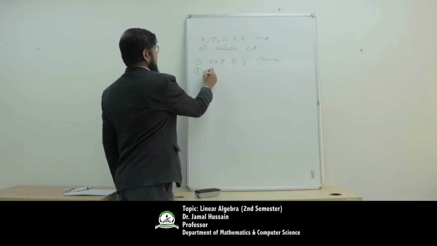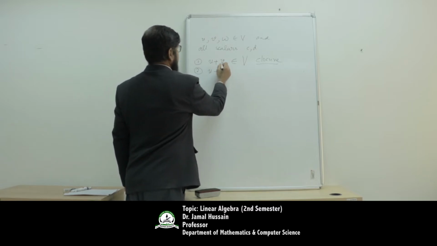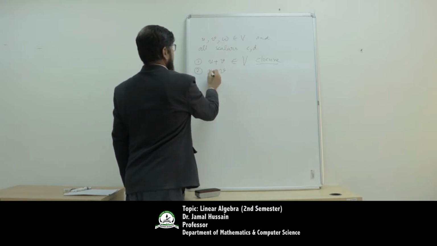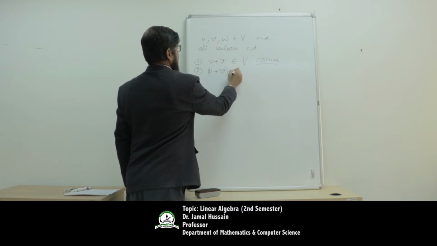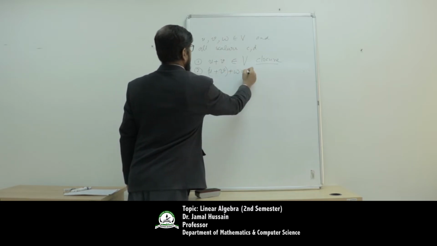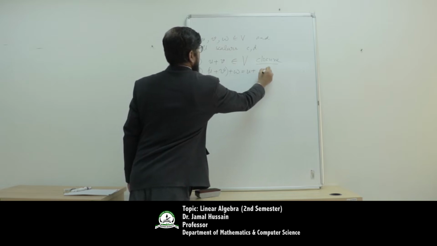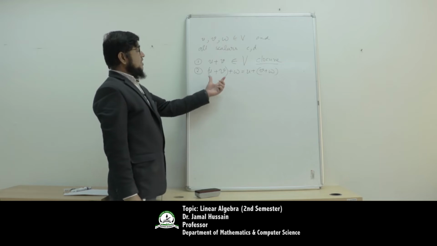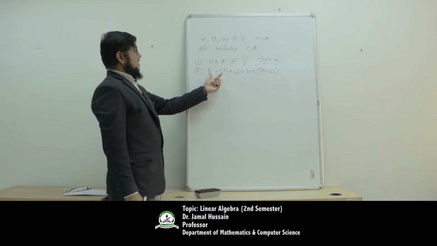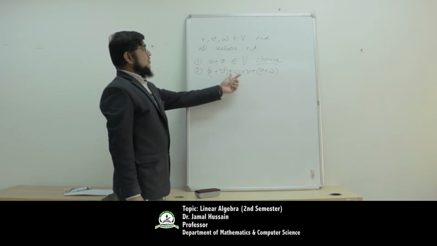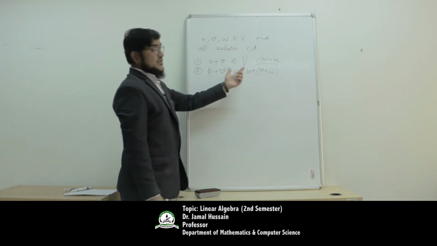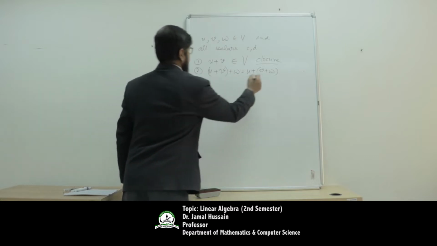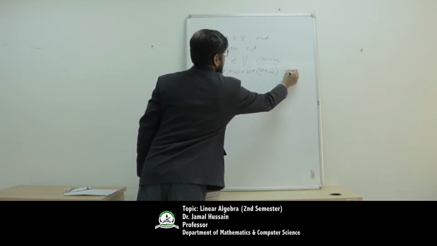And if we add three vectors, we can add u and v first, then w, or we can add v and w and then u. It's all the same. This is called associativity.